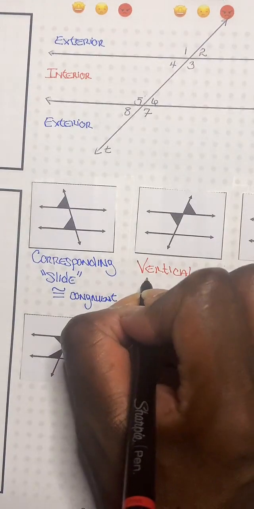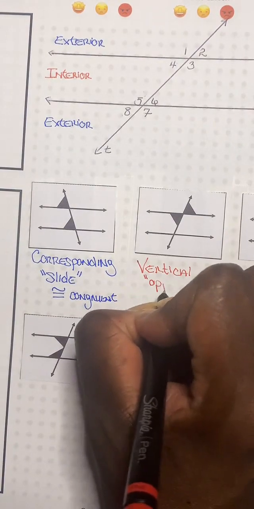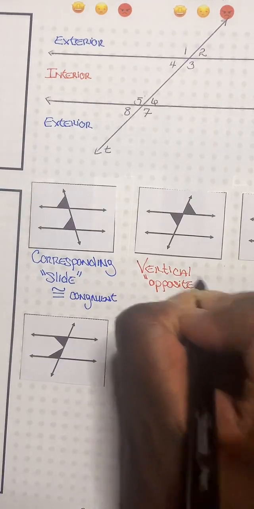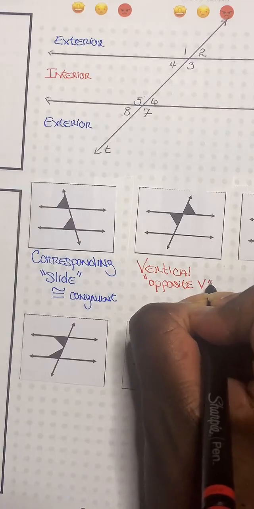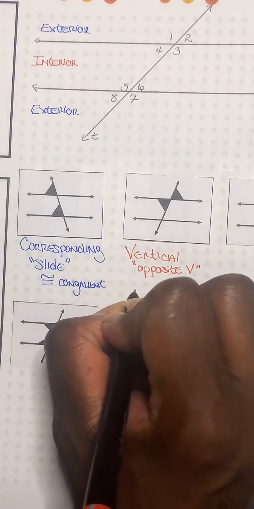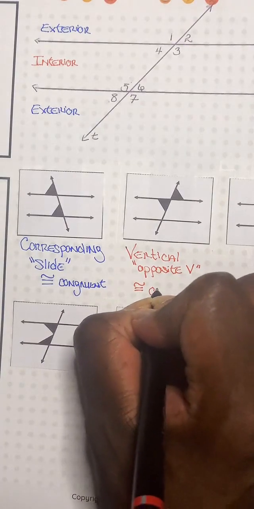Okay, so vertical angles. So they're like opposite V's. Okay, so opposite V's is what I like to say, and they are congruent.